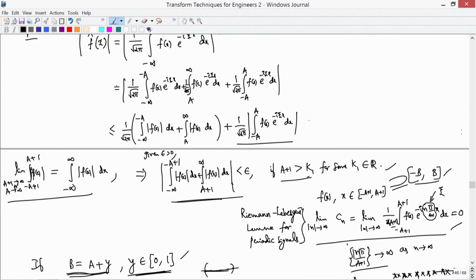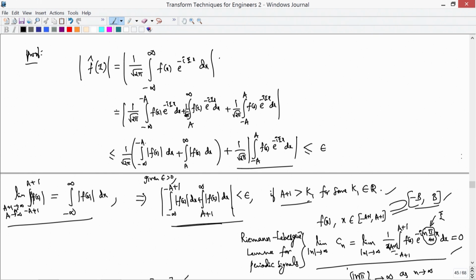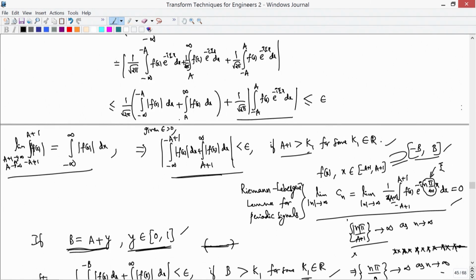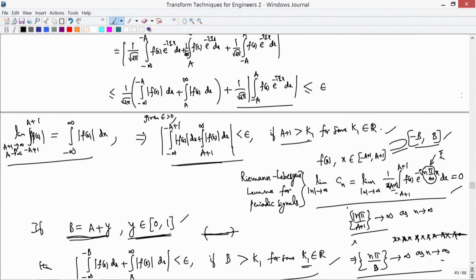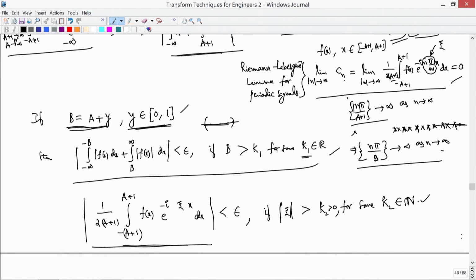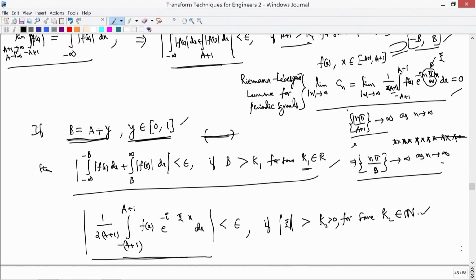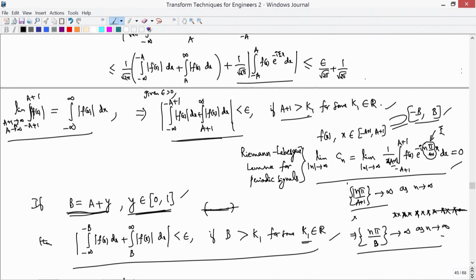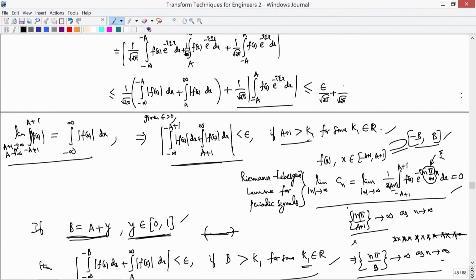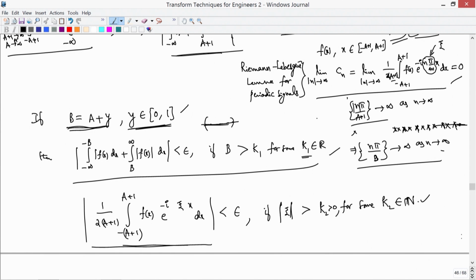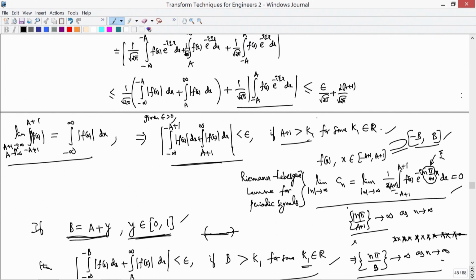If you combine these two and put it here, this quantity is less than epsilon. Instead of a you have a plus 1, so it does not matter. You can replace a plus 1 finally with a, okay. It is already epsilon by root 2 pi, and this one is 1 by root 2 pi. This quantity is 2 times a plus 1, 2 times 1 by 2 times a plus 1, that is it, into epsilon.